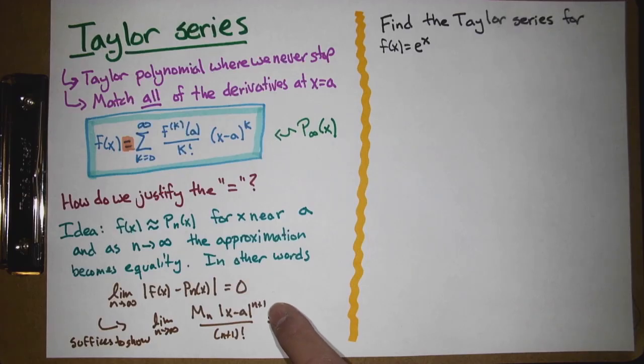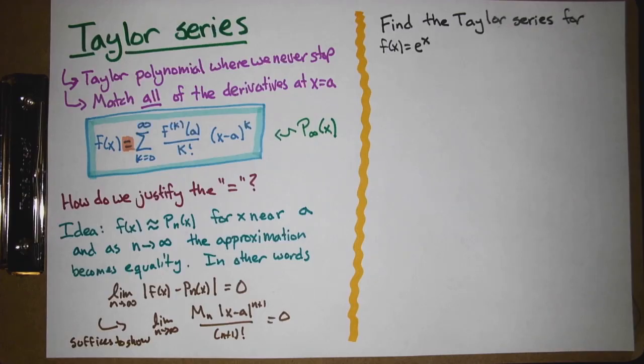One of them is exponential, one of them is factorial. Factorial beats exponential, and so it drives to 0. So if we can argue that the bound in our n plus first derivative doesn't depend on which derivative we look at, we've won. We have equality.